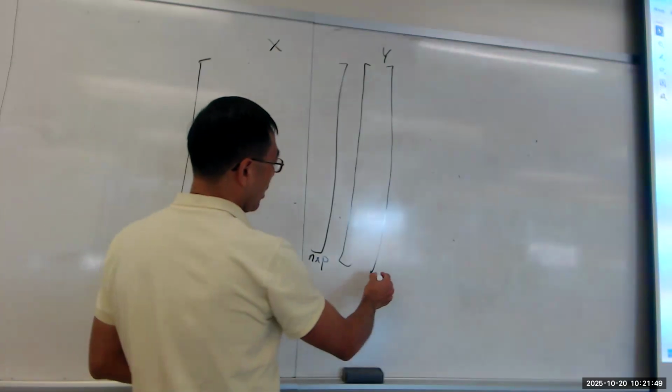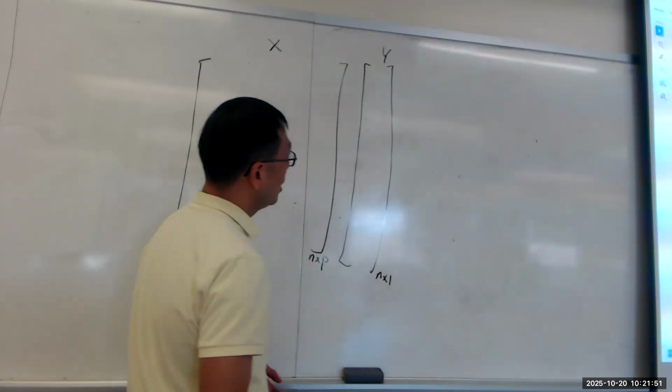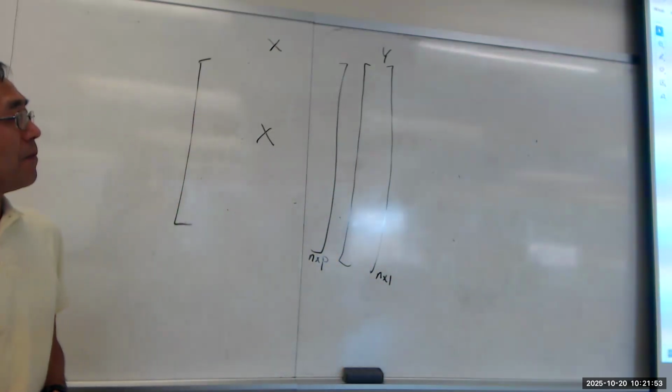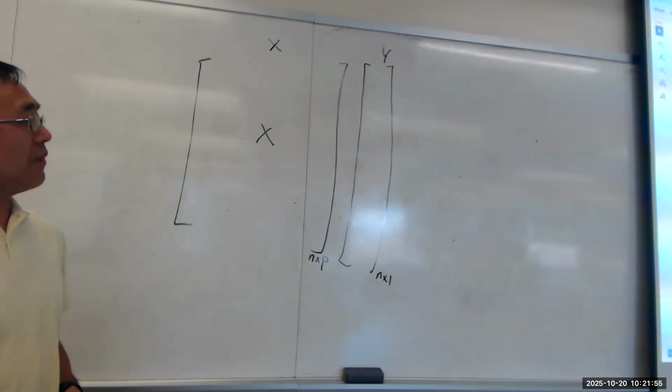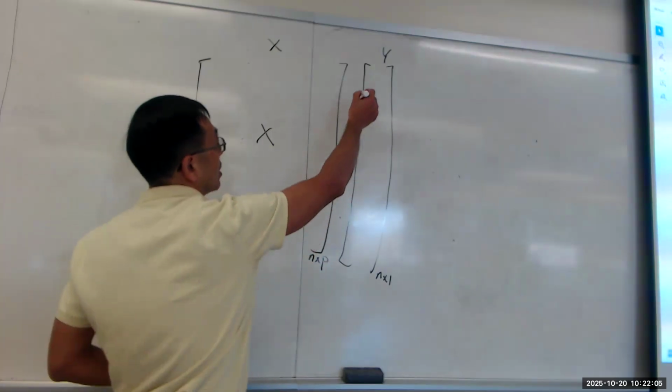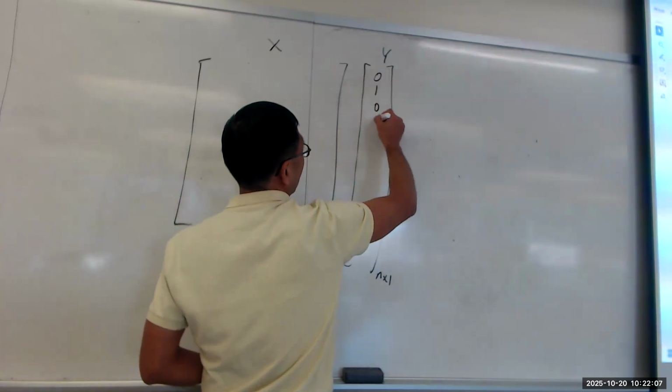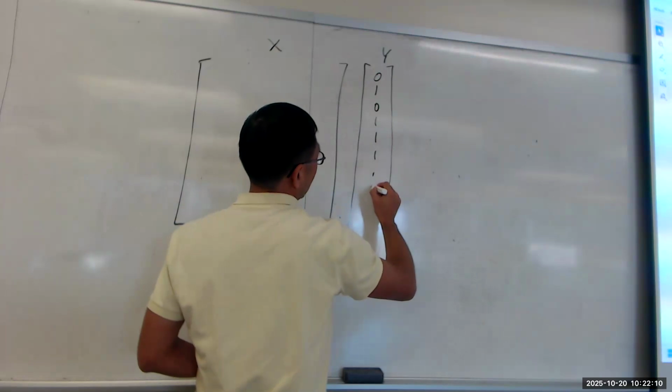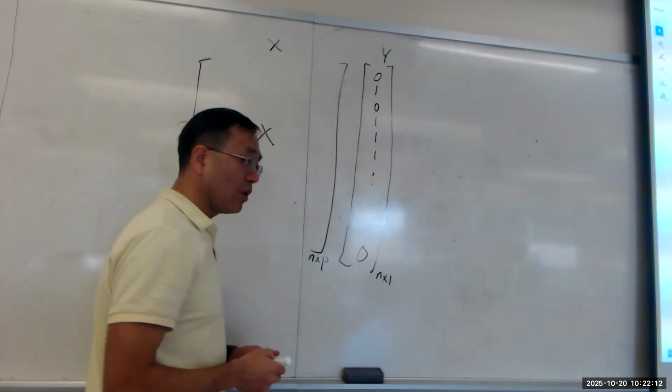Your Y is an n by 1 matrix. This hasn't changed. The only thing that changes is that Y, instead of being a continuous variable y1 up to yn, now becomes binary. The outcome Y is now 0, 1, 0, 1, 1, 1. It's a binary outcome. Yes or no.